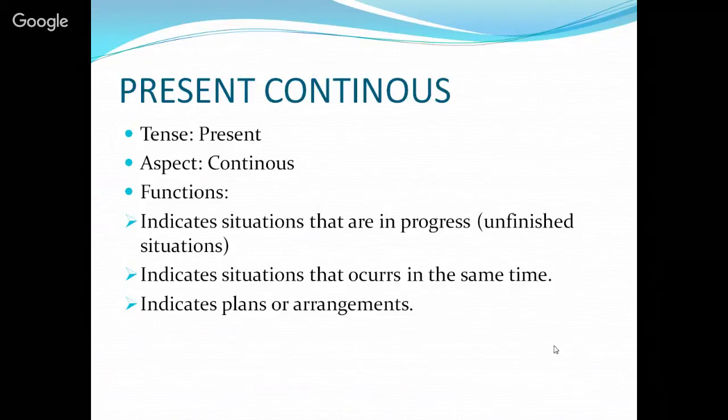The present continuous. In the present continuous, the tense is present, and the aspect is known as continuous. And we can have different functions. The first function is that present continuous indicates situations that are in progress, so they are unfinished situations, and it indicates situations that occur at the same time. And the third function is that it indicates plans or arrangements.